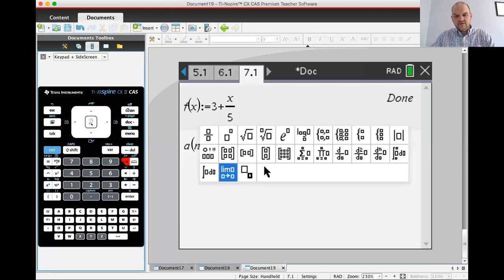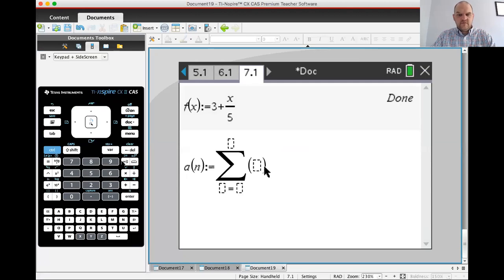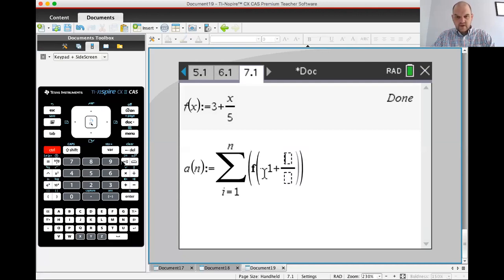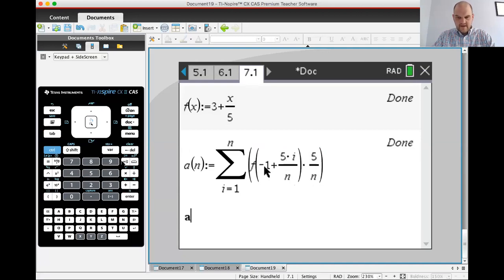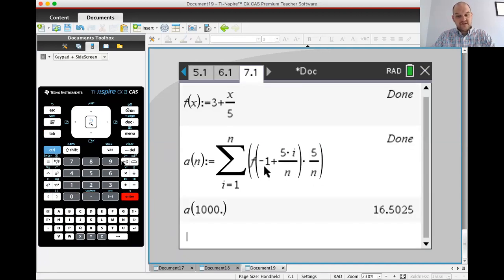You're crazy if you don't use the template here. The sum from i equals 1 to n of f of x sub i, which is -1 plus 5i over n, times the height times the base, which is 5 over n. I'll press enter and do A of 1000 because that's what it's asking for. Okay, so I get that.